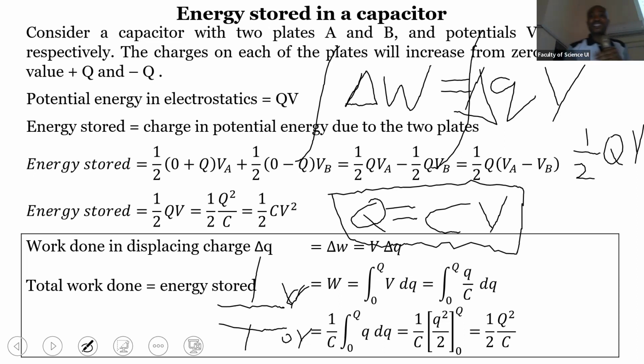But we are not just integrating anyhow, we are integrating from 0 to Q. No matter how you do it, you'll still end up with half CV squared, half QV, or half Q squared over C.